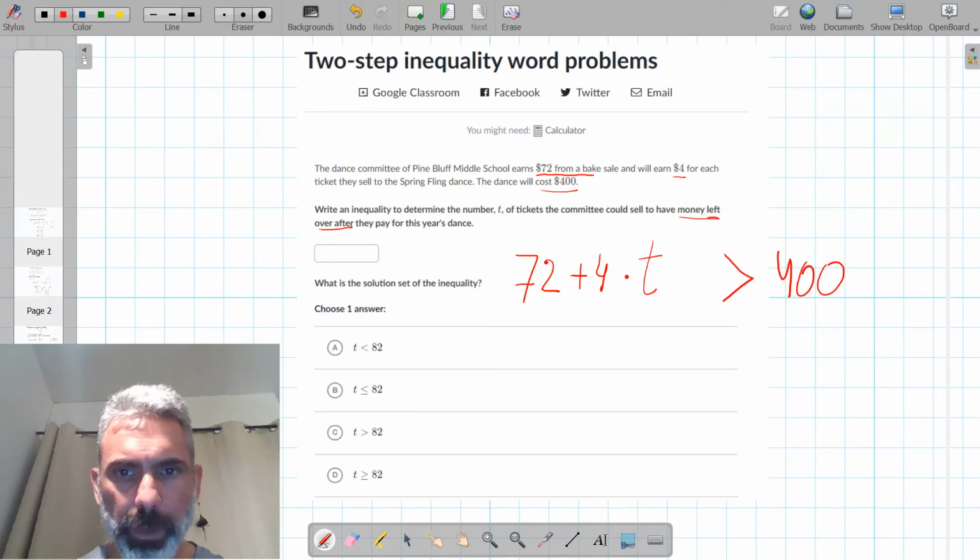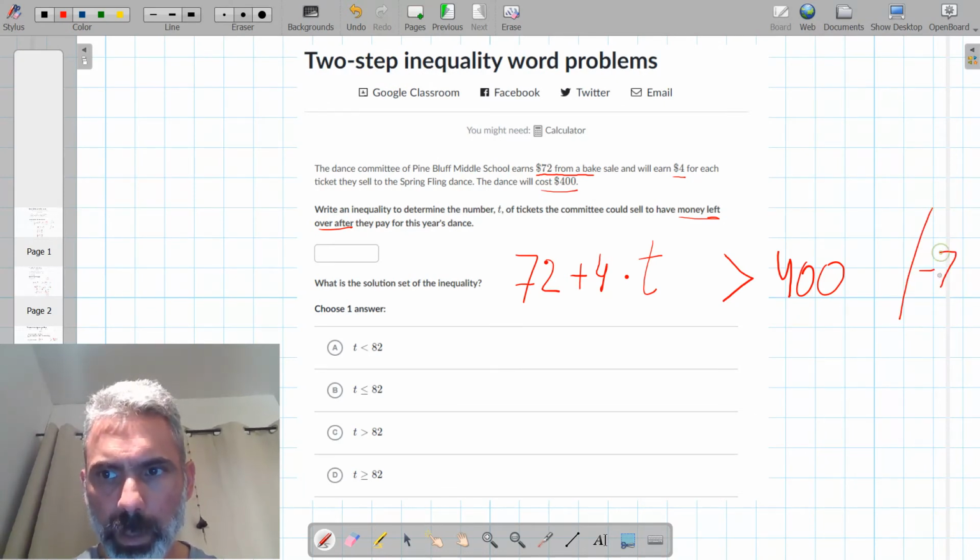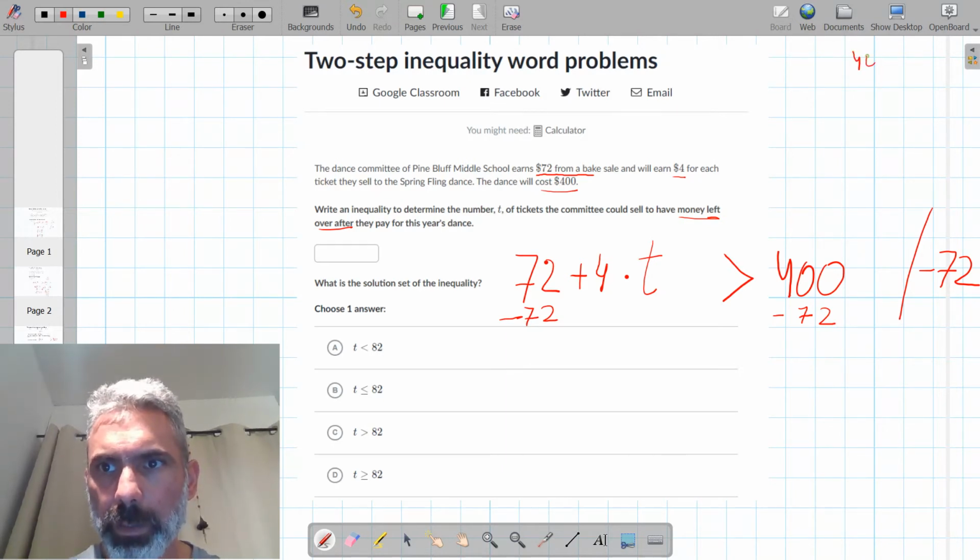Now we need to simplify this inequality. So first I will get rid of the 72 on the left hand side, so I'm left with just the 4T. So minus 72 here and minus 72 here. Okay, so $400 minus 72.